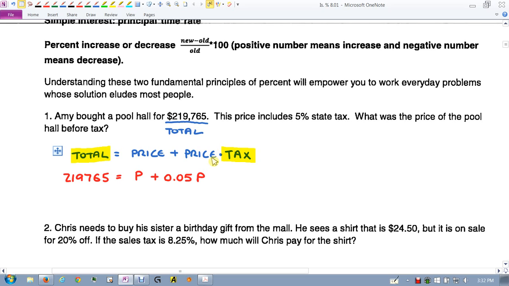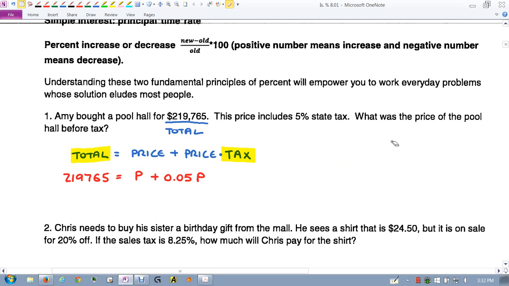I put the tax in front of the price because it's a number. I don't know what the price is, so I put it behind it. 5% is 0.05, but I put a 0 in front of the point. A lot of times books will do that because if you just write the point, people will miss it and forget that there's a decimal there. So they put a 0 in front to make it clear.